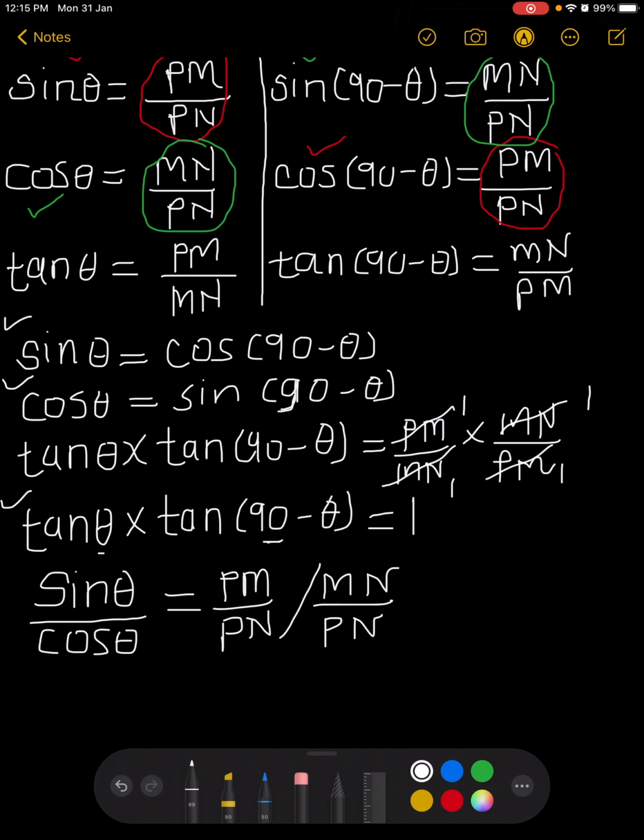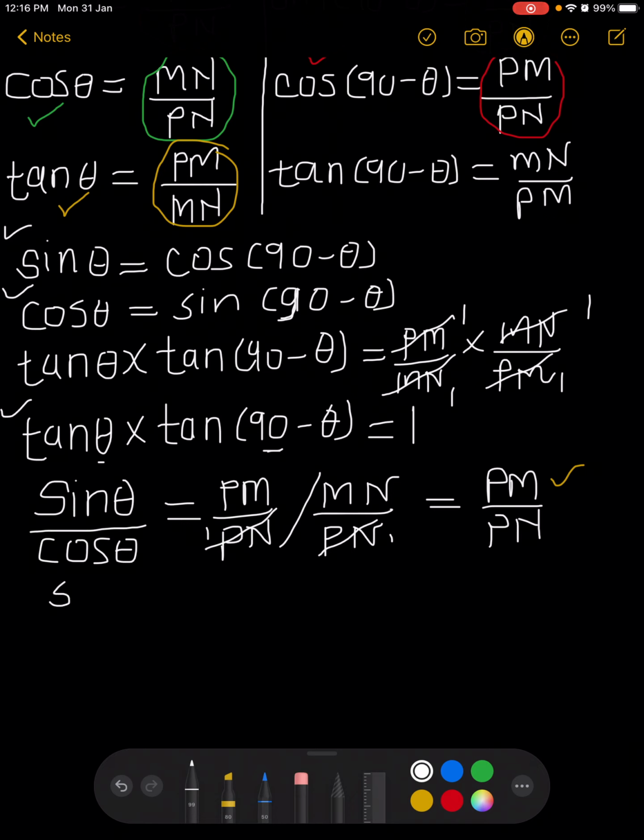What will happen here? PN cancelled and we get PM upon MN. If you observe here carefully, PM upon MN is the ratio tan theta. It means I can write the fourth formula for relation of sine, cos and tan. Sine theta upon cos theta is equal to tan theta.